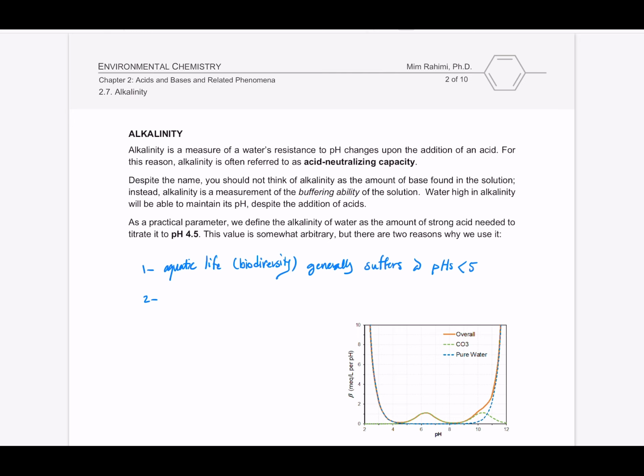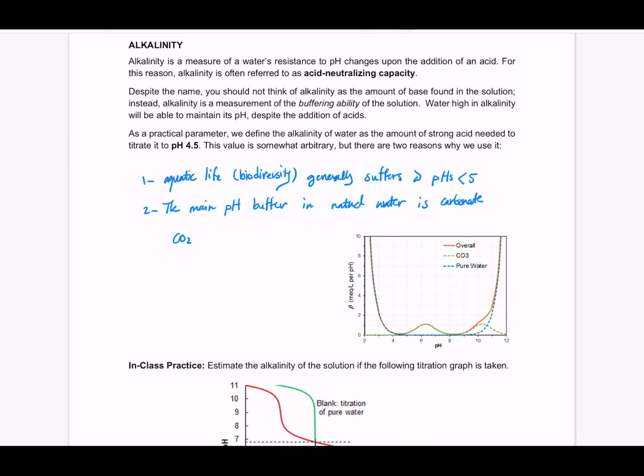So the second reason is that the main pH buffer in natural water is normally carbonate. What happens, as you'll see in the next lecture, is that CO2 in the air is absorbed by water, so eventually we have carbonic acid.